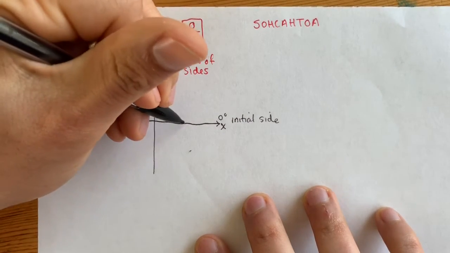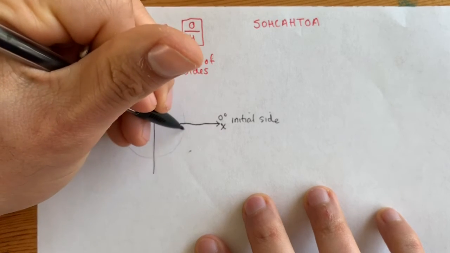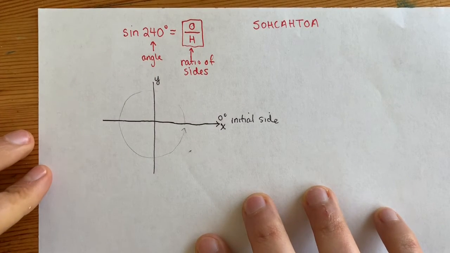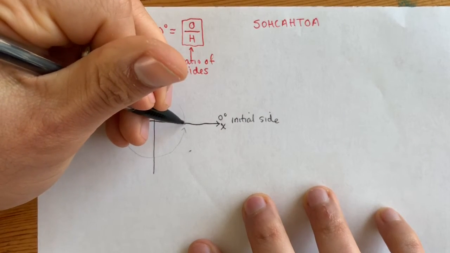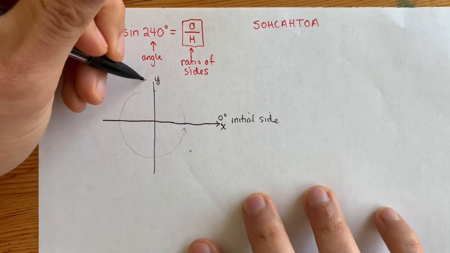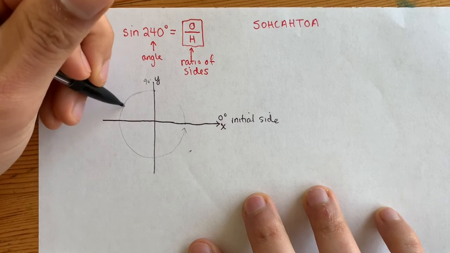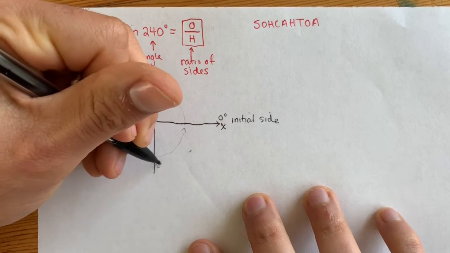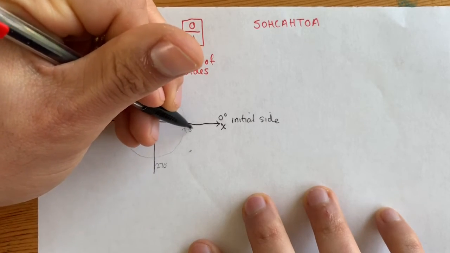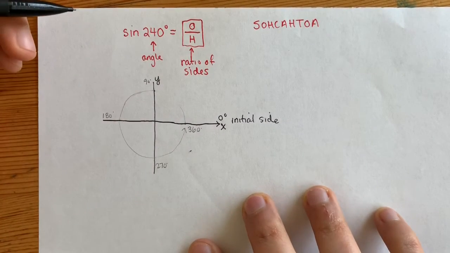If I complete one circle, I've gone 360 degrees. From here, starting to here, that would be 90. Continuing on would be 180. To here would be 270. And at the end would be 360, or back to the start.